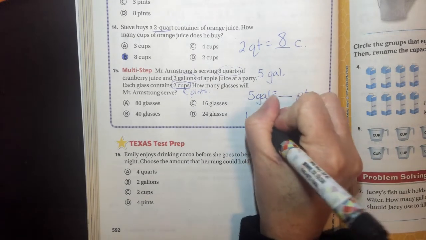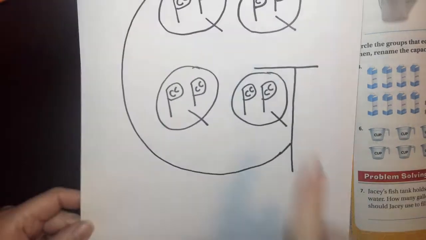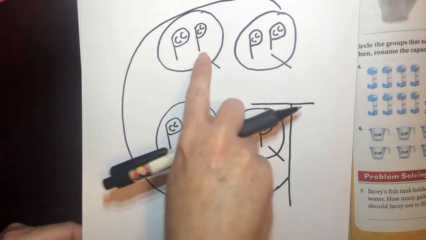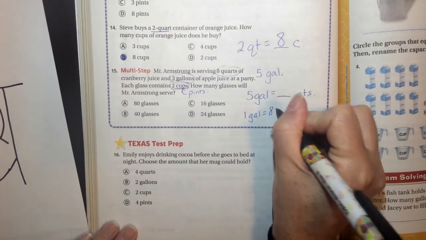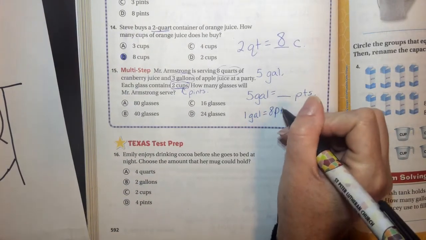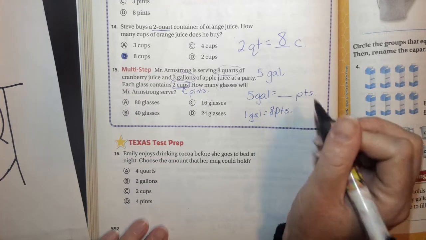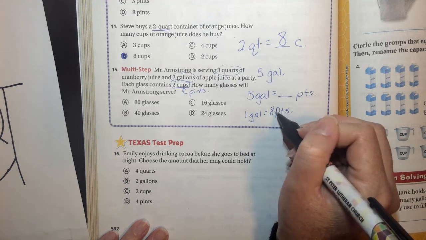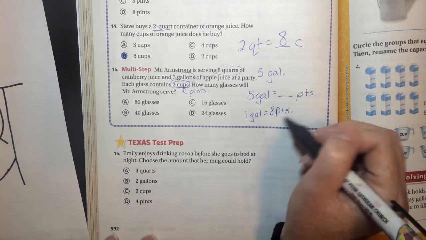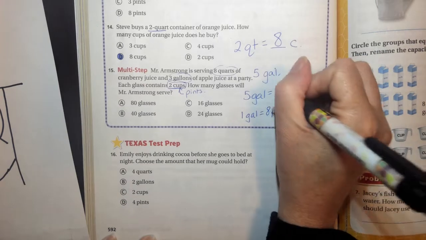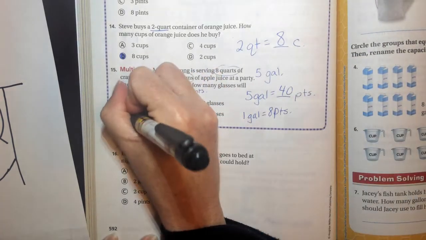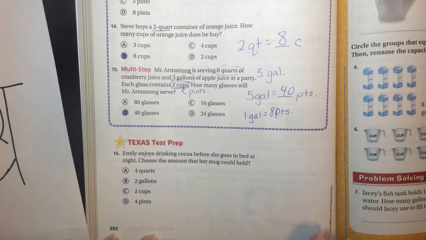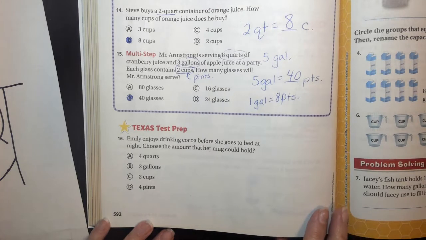So if 1 gallon has 2, 4, 6, 8 pints, and we are going to have 5 of those gallons, that's 5 groups of 8 pints. 5 times 8 would be 40. So 40 glasses that each hold a pint or 2 cups. That was a pretty tough one there.